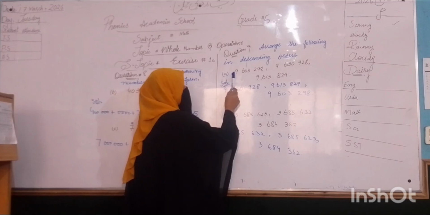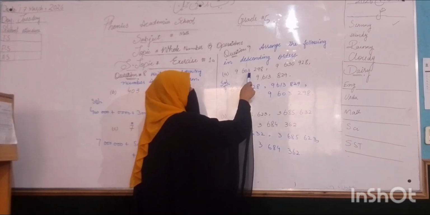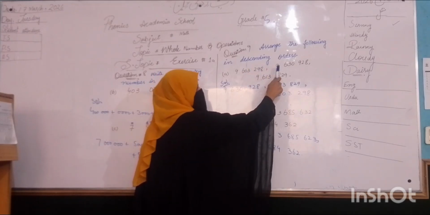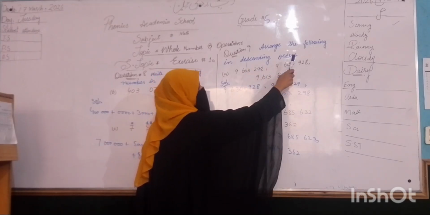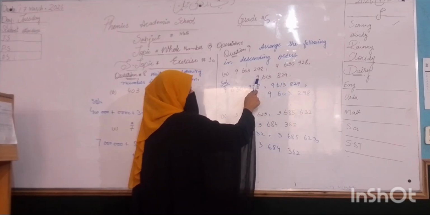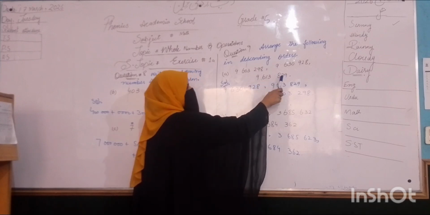So look at these values: 9,600,000 6,298; 9,600,000 30,928; 9,600,000 13,829.